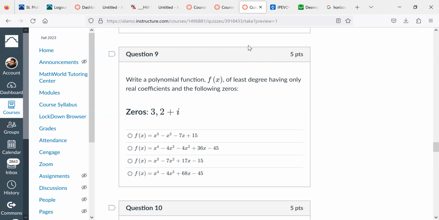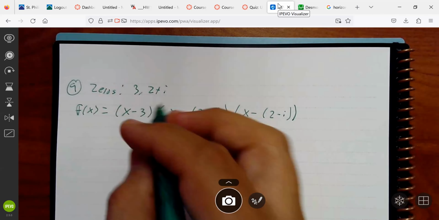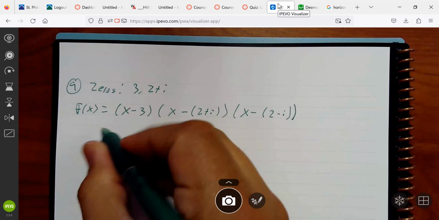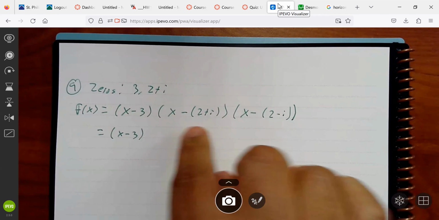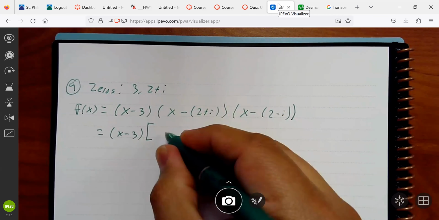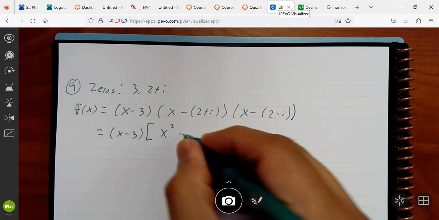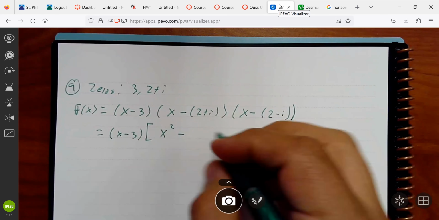So we're going to have to FOIL it out. So this will become x minus 3 times, so this is a conjugate, so you can just say, you know what, that's a squared minus b squared.